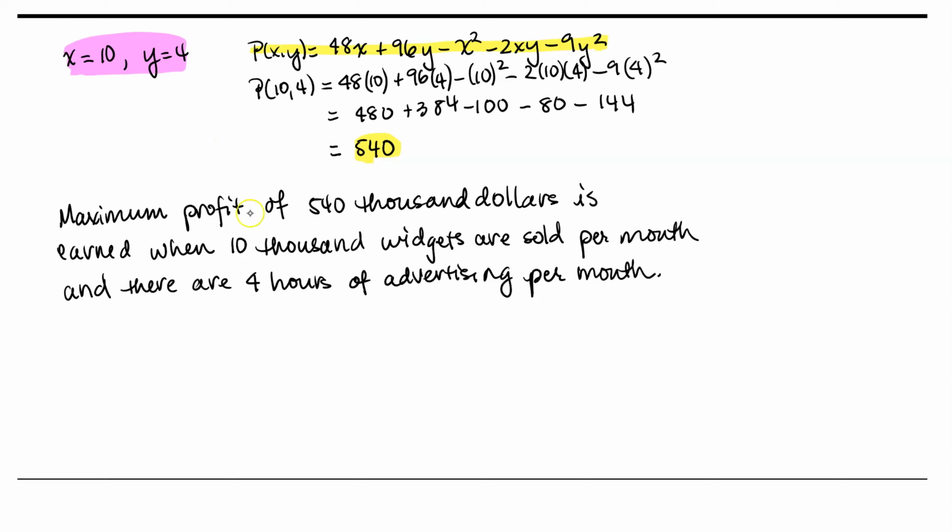Well, our maximum profit is $540,000, and it is earned when 10,000 widgets are sold per month and there are 4 hours of advertising. Notice that it was important to attach the units to each of these quantities in stating our answer. I hope you find this helpful.